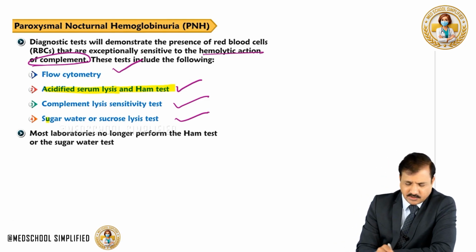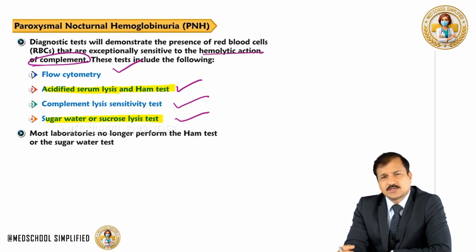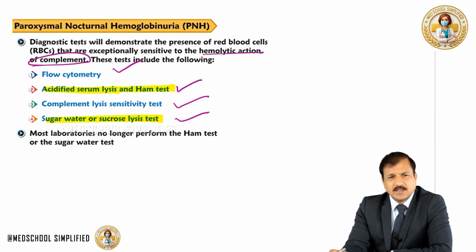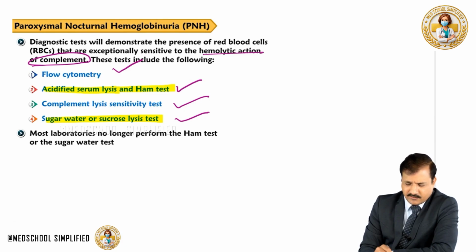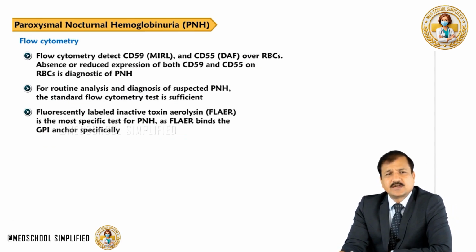In the sugar water or sucrose lysis test, the addition of sucrose into the sample is going to activate complement and thereby lyse the red blood cells if a person has paroxysmal nocturnal hemoglobinuria. Most laboratories no longer perform Ham's test or the sugar water test, but flow cytometry is the test that can diagnose a suspected case of paroxysmal nocturnal hemoglobinuria.